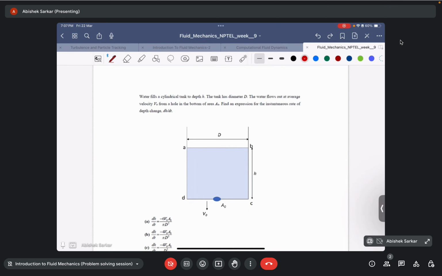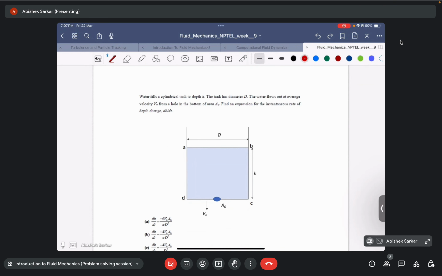Here again you can see that the mass of the fluid is changing in this particular cylindrical tank, so a clear indication from this problem is that we are dealing with a rate of change of mass.